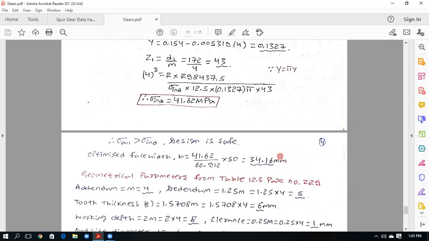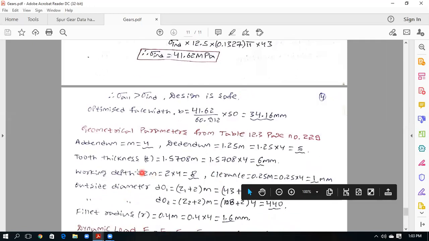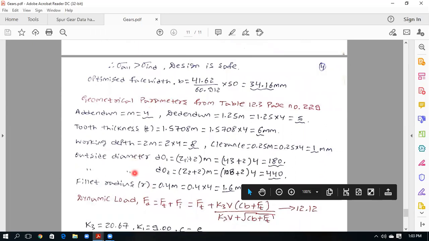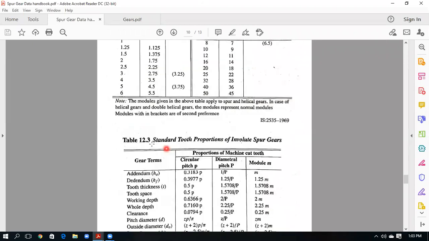After that, next you need to find out the geometric parameters like addendum, dedendum, tooth thickness, working depth, clearance, fillet radius. All these need to be calculated, and that is there in the data handbook, page number 229, table number 12.3, standard tooth proportions of the involute gear.